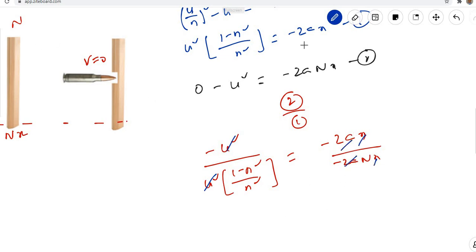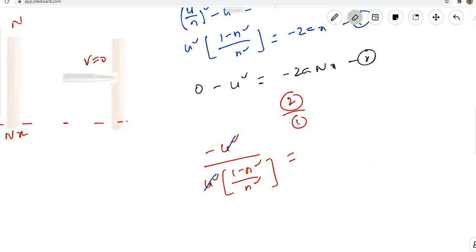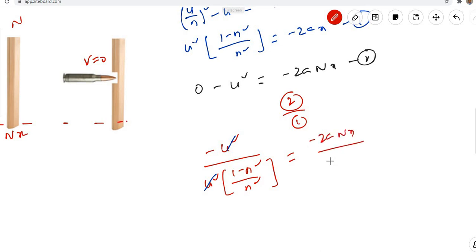Sorry, reverse. This one we wrote reversely. So this is 2 by 1. So I'll get the reverse. Here 2 is minus 2a nx upon minus 2ax. Now you see that 2a x cancel. So the number of planks in this case, minus we take common, is n square by n square minus 1.